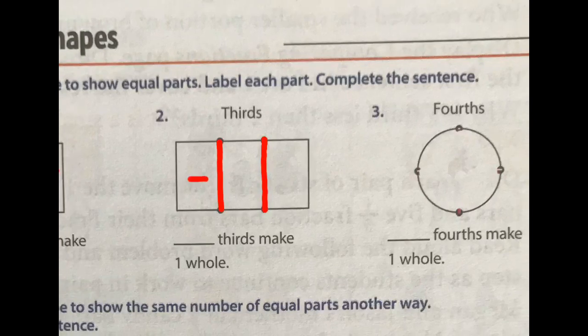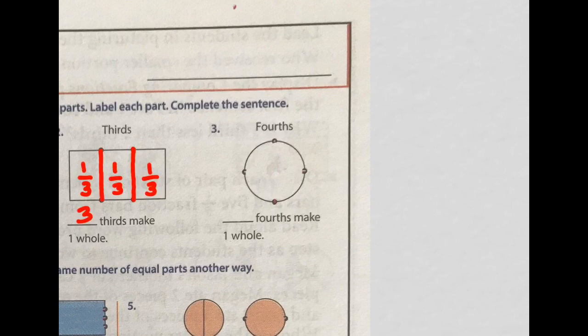We know the bottom number is going to be a 3. So we're going to label those 1/3. Each one is 1/3. So how many thirds make one whole? Count them up. The answer is 3. 3/3 make one whole.